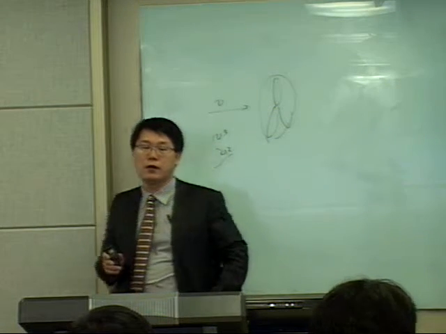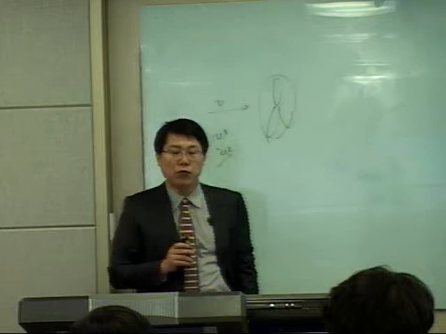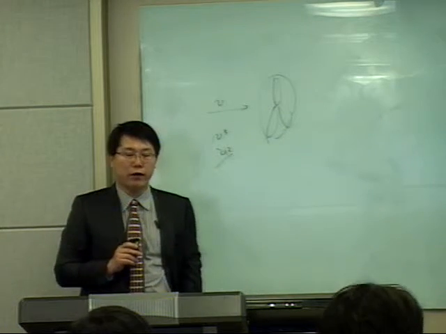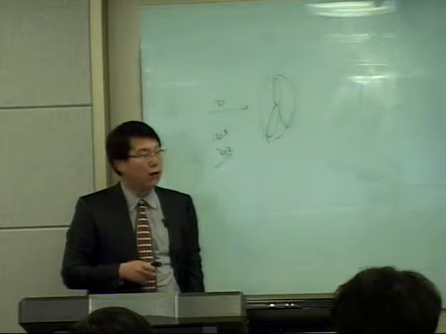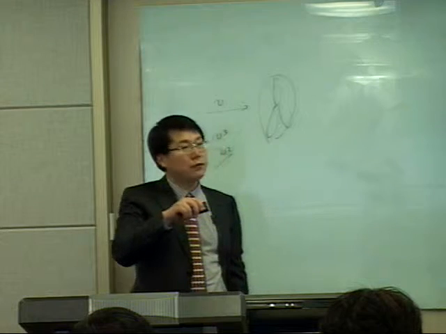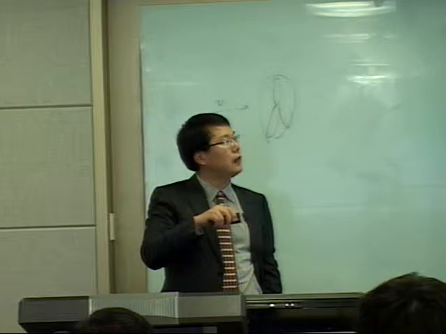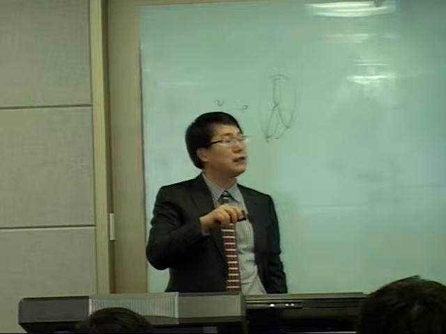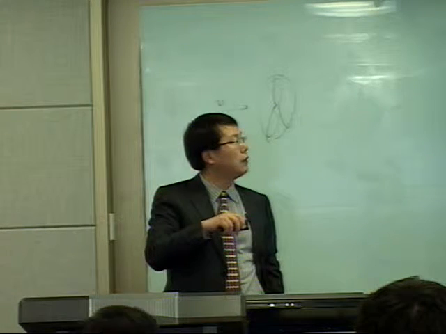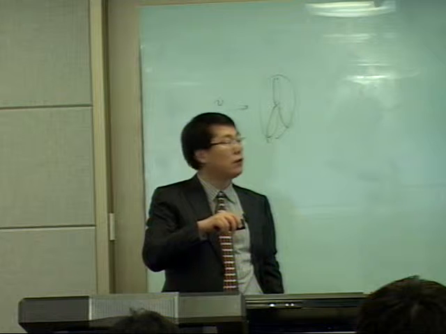Consider now 2D flow. What is the flow into the area? We have a square area, and the base is delta x, the height is delta z, and here we have a flow.